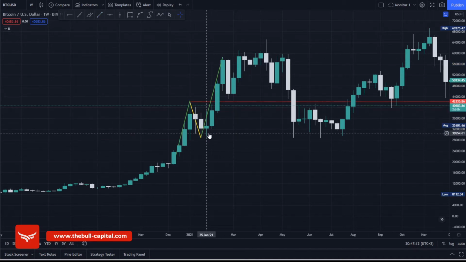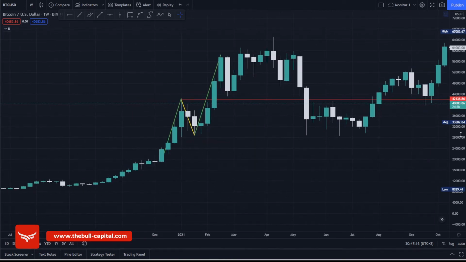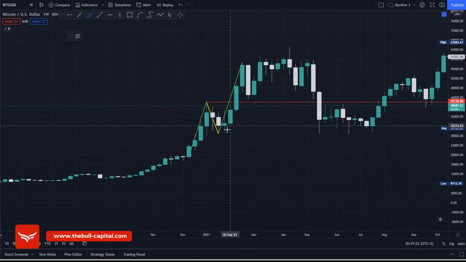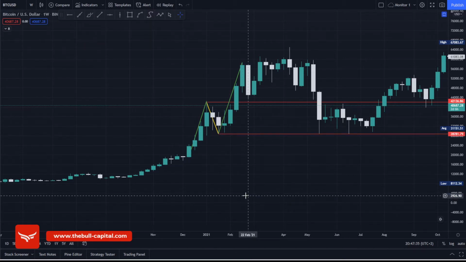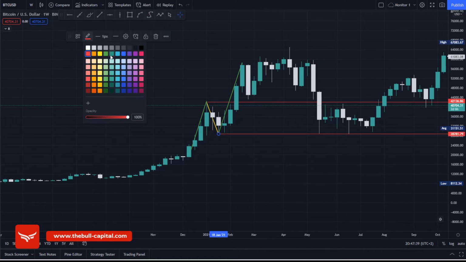Now this move forms a valley, as we discussed in the first lesson. We have a valley here. Now this valley is gonna act as support, and we're gonna mark this, and I'm gonna change the color to green.